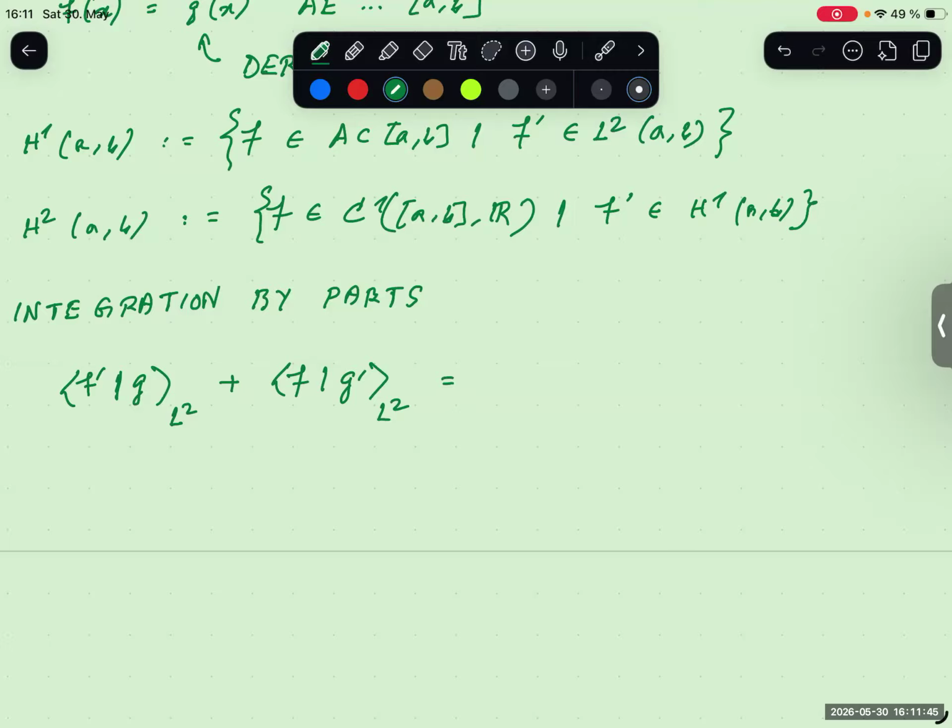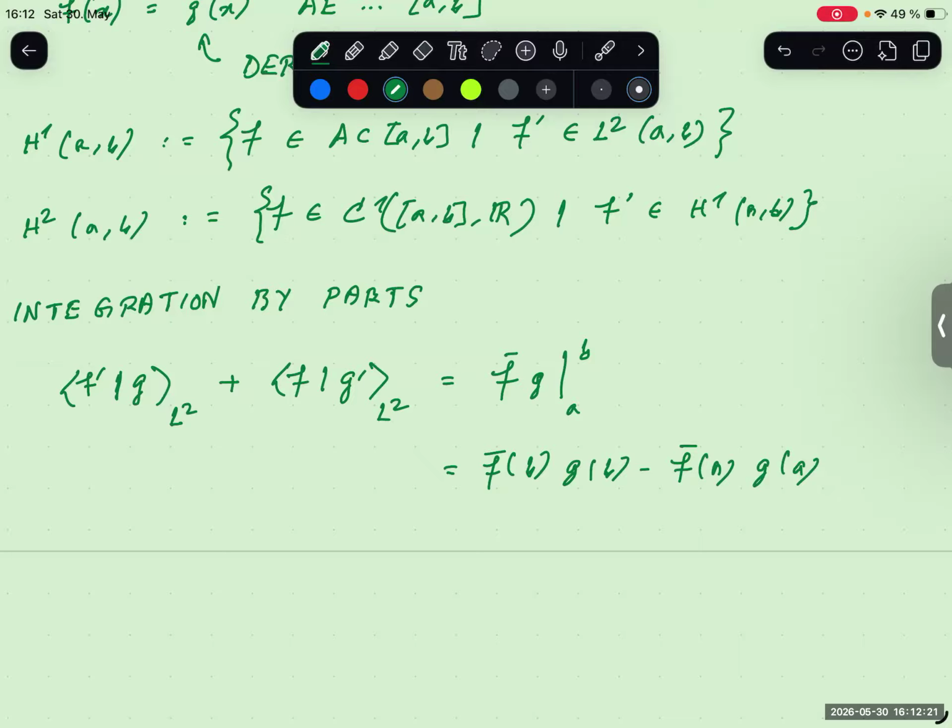So this is equal to, as you know, f g bar from a to b, which is nothing but f of b g of b minus f of a g of a.